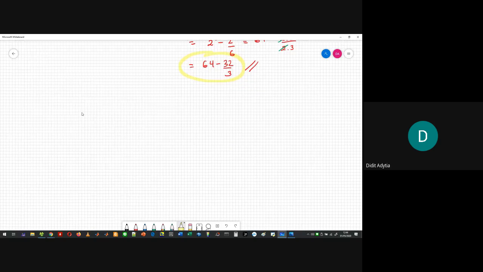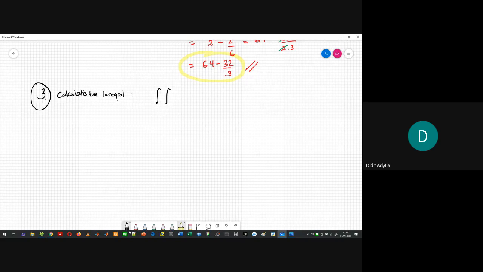Okay, now we go on with number 3. Number three, let me go to the questions. Okay, this one is number three. Number three is calculate the integral, this one, okay?